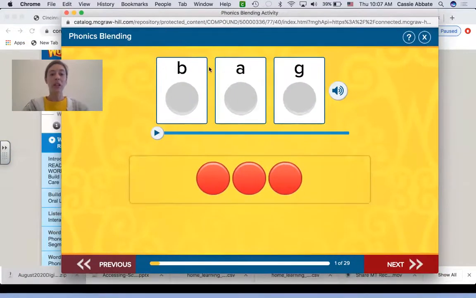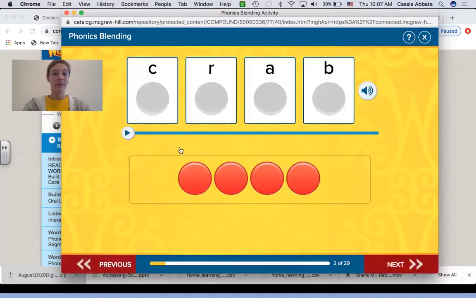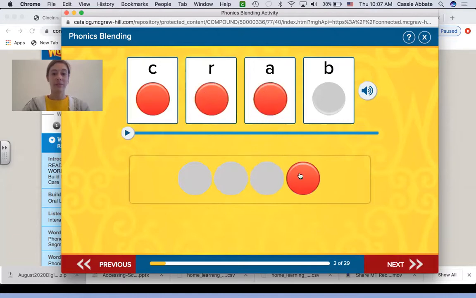All right. So let's start here. Okay. So I first want you to listen. I want you to listen to the sounds and then listen to what the word is. G. So what's the new word? Bag. Good. Ready? B. What's the new word? Crab. Crab.